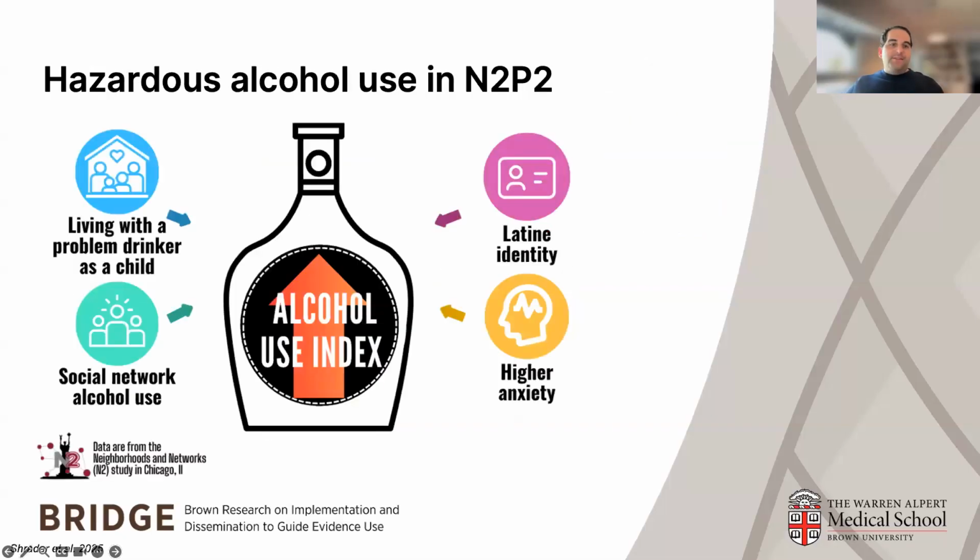During some of the initial work in N2P2, we found that in addition to all the other substance use we were looking at, there was quite a bit of hazardous alcohol use reported in the study population.